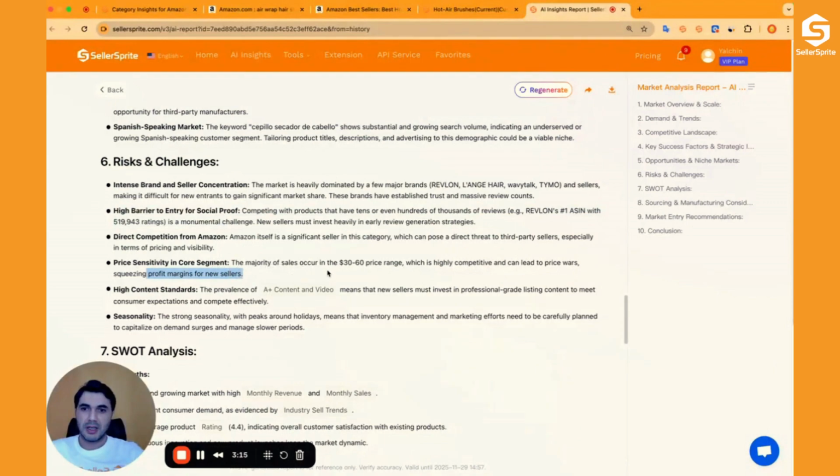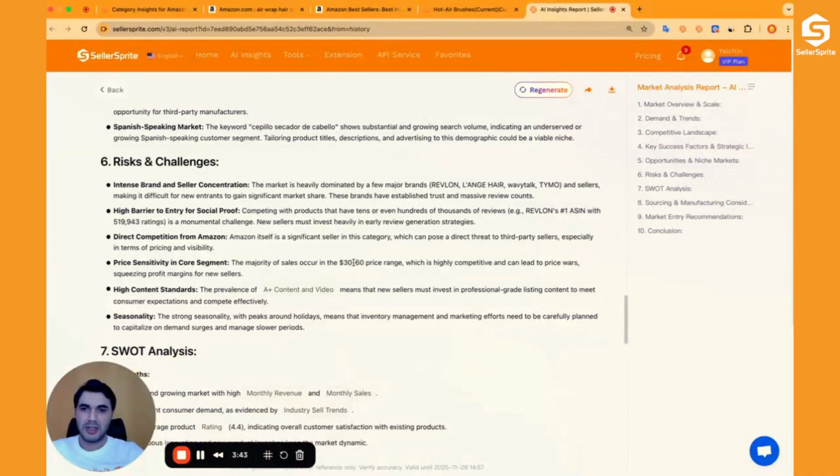Price sensitivity: the 30 to 60 price range is ideal for this market. It's also very important to position what price range you are going to sell your product at, and maybe you can find a price gap where your product fits, and then you can sell in that price range and no need to compete with other products.